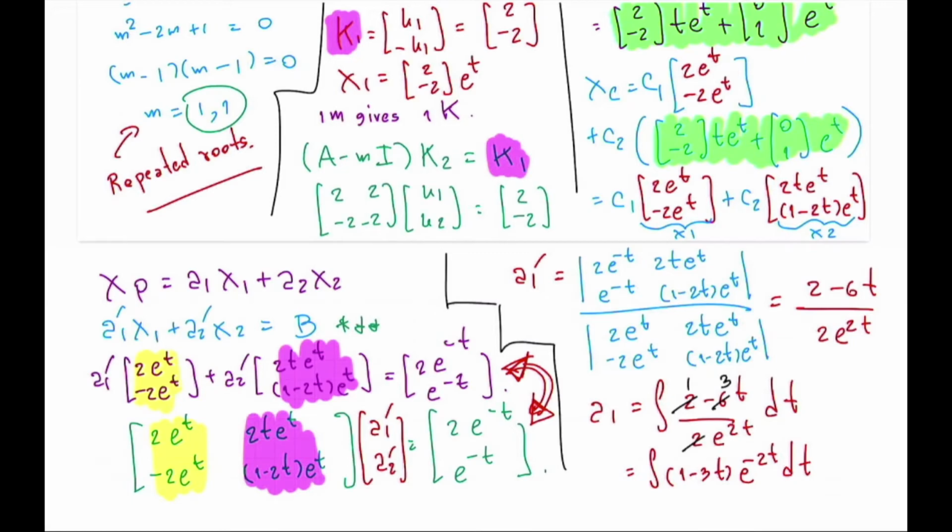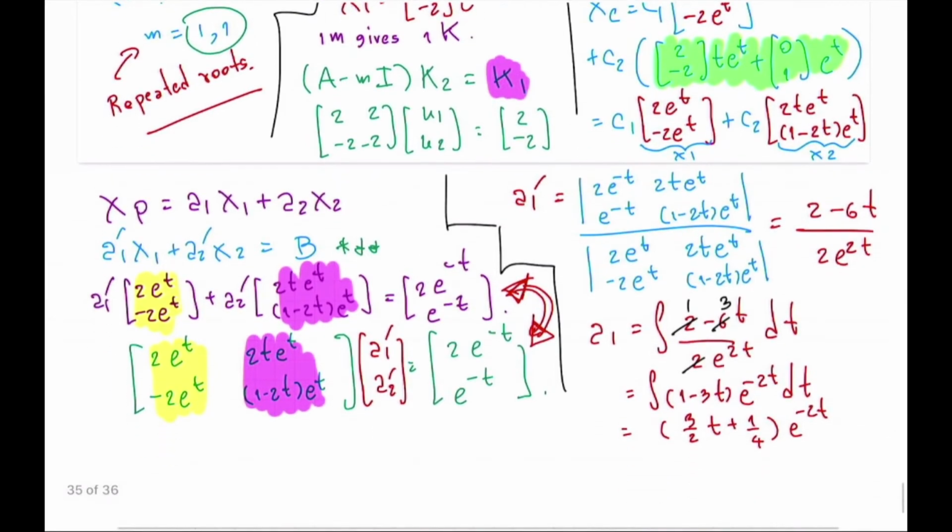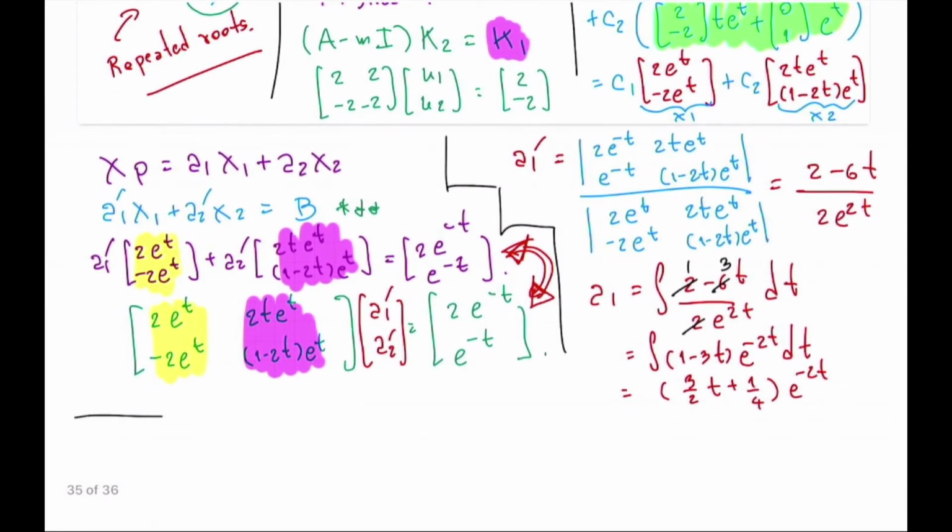Okay, and you use integration by parts. The answer, okay, I'm not gonna show you, you can do that yourself using integration by parts. So the answer would be (3/2 t plus 1/4) e to the minus 2t, and that is your a1.